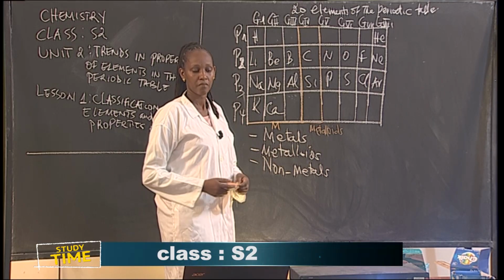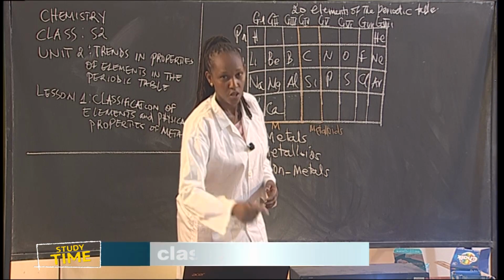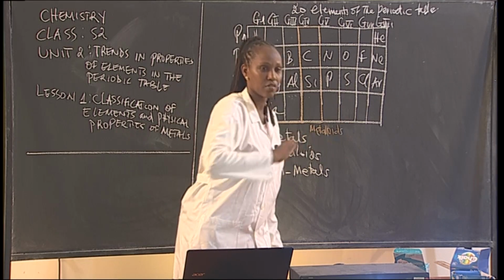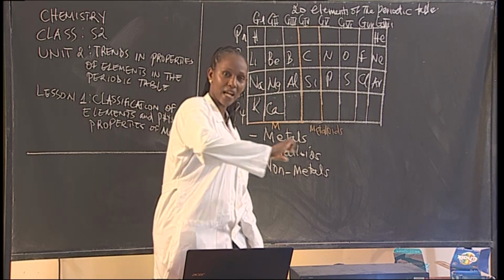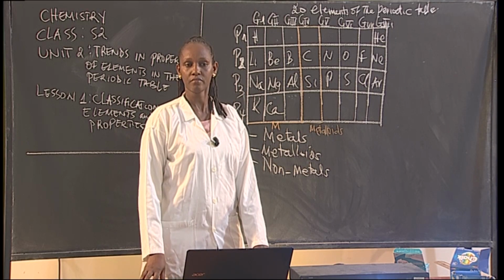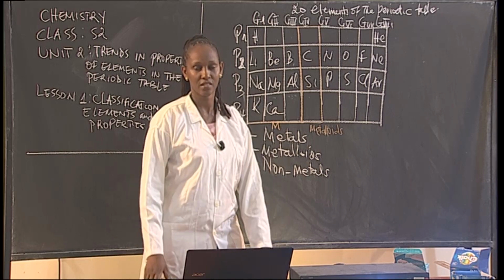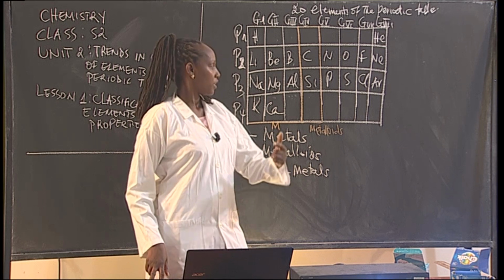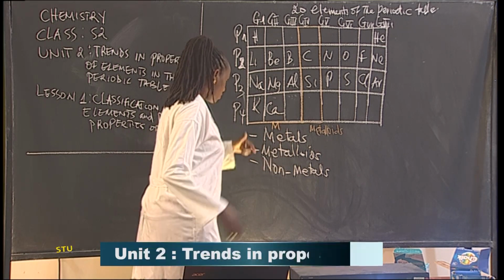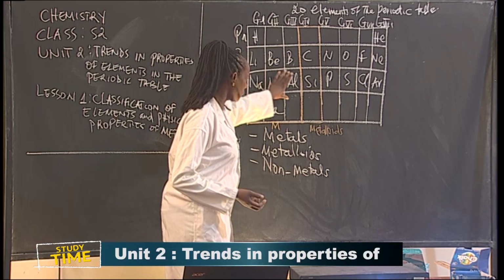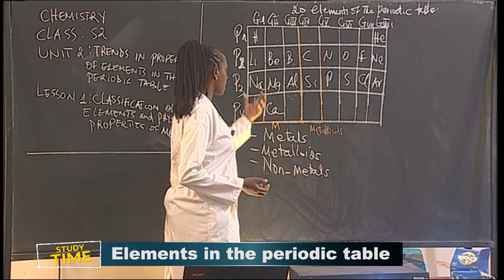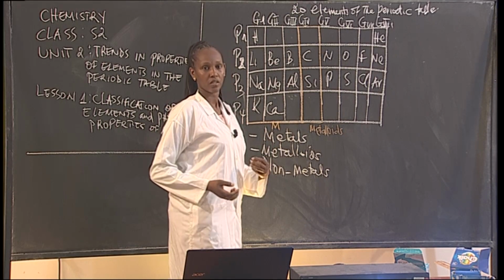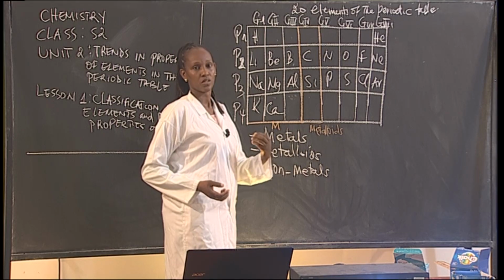What brings that, students? Why is it that when you move across a period for metals, the metallic character decreases and the nonmetallic character increases? Who can try on that? The reason is that when we are talking about metals, we look at the capacity of an element to donate an electron, to give an electron.